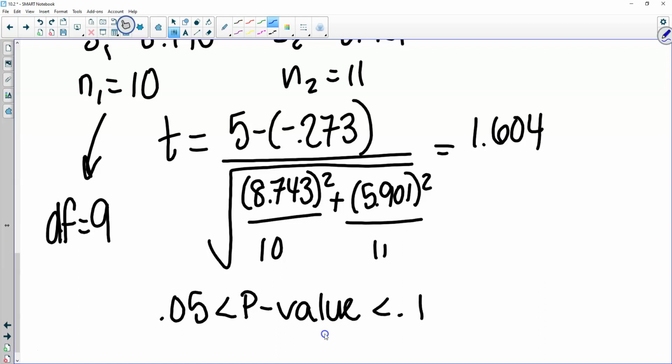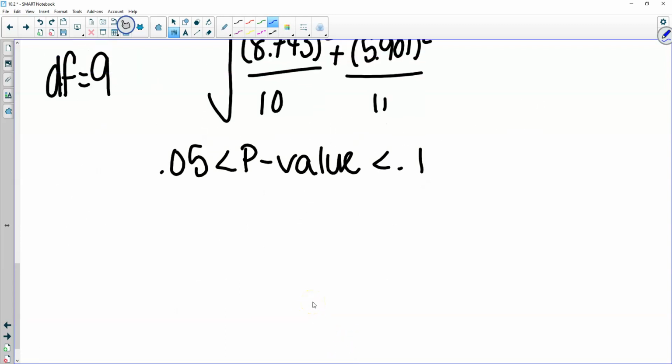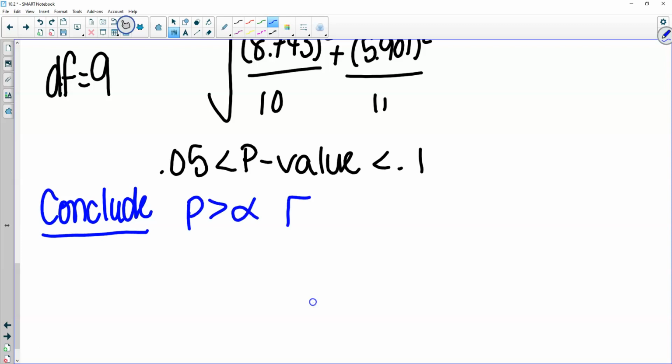With a large p-value such as this, we are going to conclude that there is no difference. So let's write that officially. Since p is greater than alpha, we fail to reject Ho.